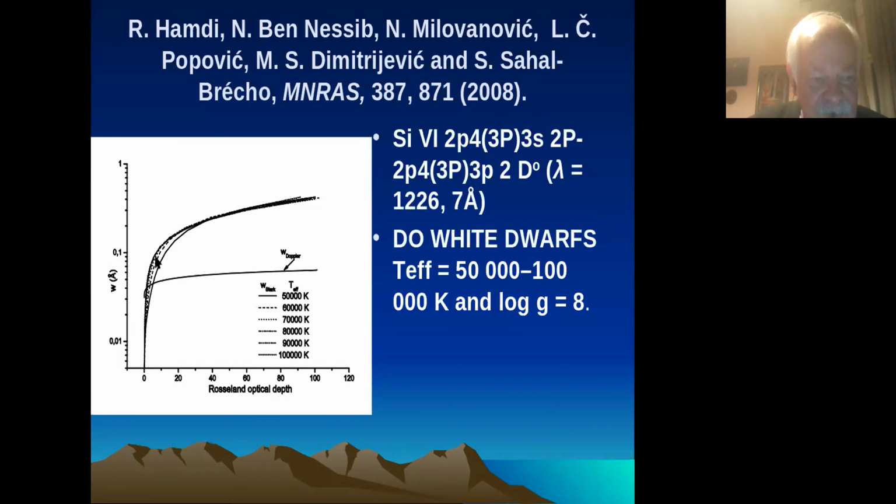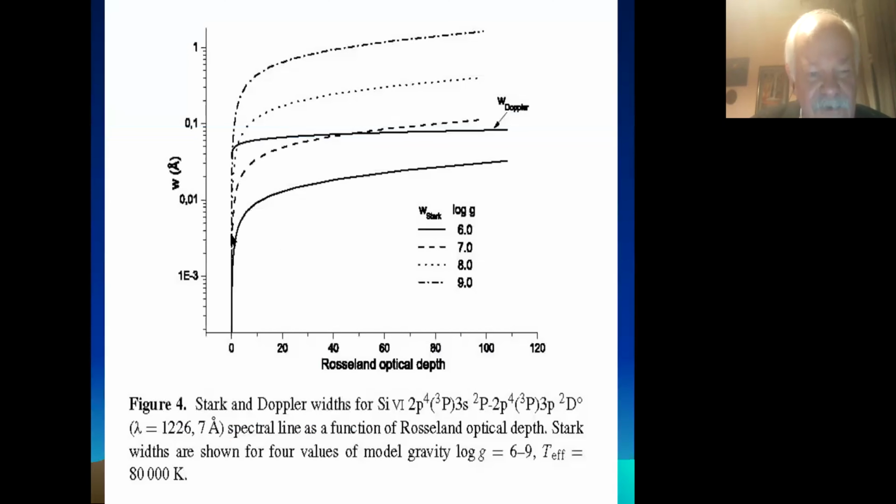We can see that in comparison with Doppler, Stark broadening is more important in the majority of layers. Here is Rosseland optical depth and full width at half intensity maximum, so we can see that without Stark broadening, it is not possible to investigate spectra of white dwarfs.